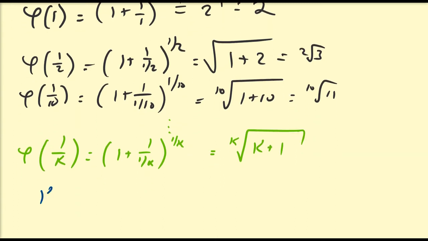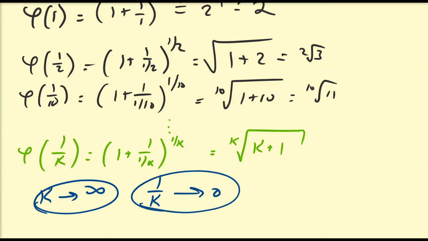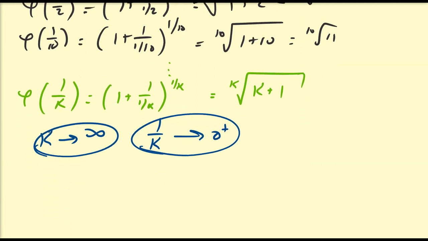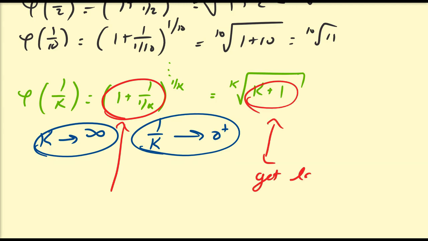So now what I'm going to do is send k to infinity. As k goes to infinity, we know 1 over k is going to get close to 0. So what happens as I approach 0 from the right-hand side, because we're approaching this with positive numbers? What happens to this function phi? Let's analyze this a bit. This number here, k plus 1, is going to get large.